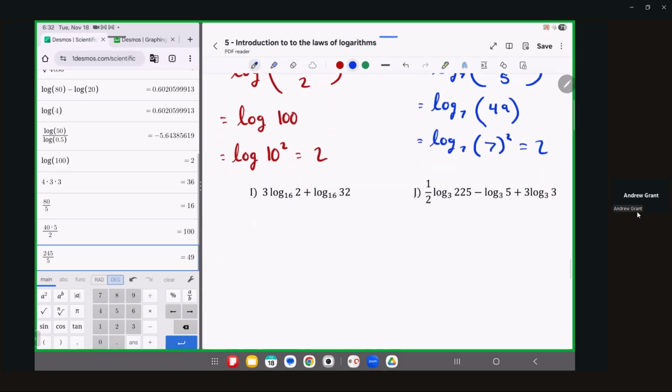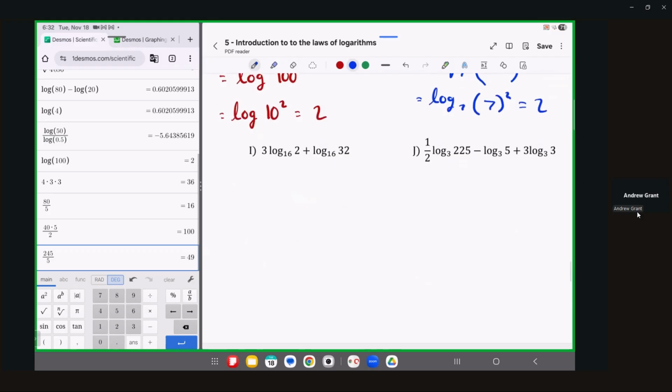Okay. And now we've got letter I. 3 log base 16 of 2 plus log base 16 of 32. So we saw this earlier. In this situation, what we want to do is apply the power law of logarithms, which says that if you had n times log base a of x, that's the same thing as log base a of x to the power of n.